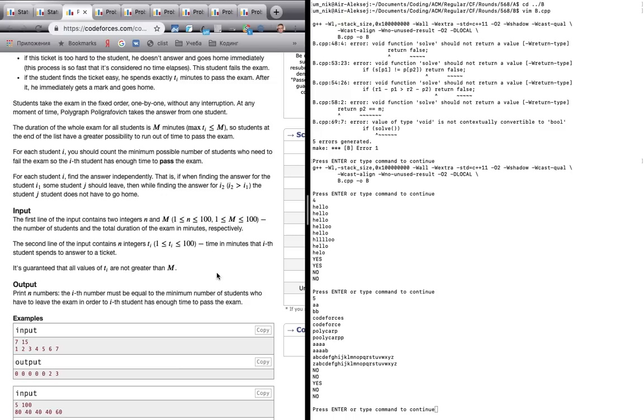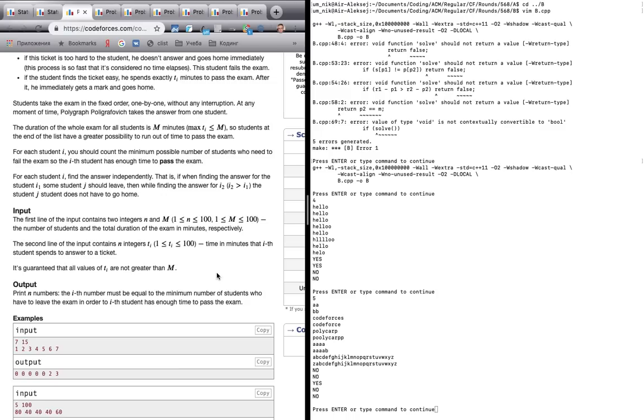So it says that there's an exam and the student takes a random ticket. It can be either easy or hard. If it's hard, the student goes home, and if it's easy, it takes some fixed amount of time for him to answer.